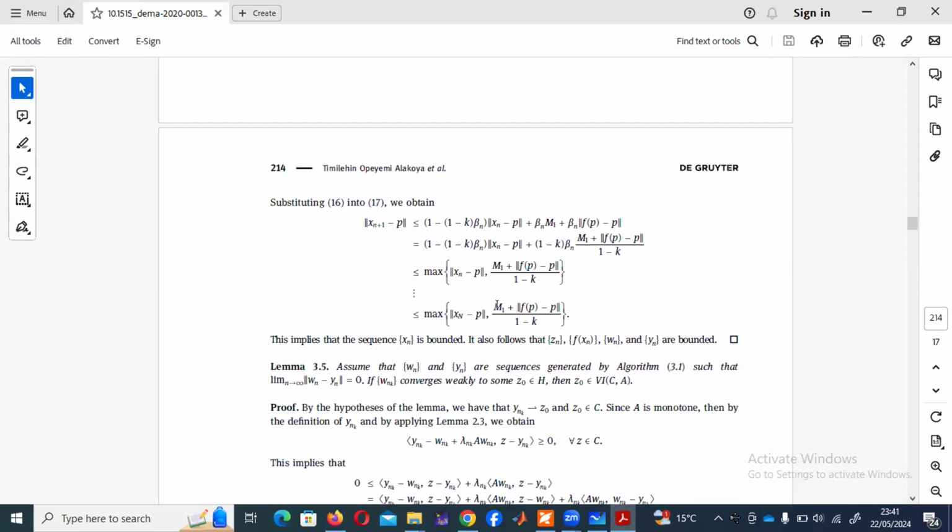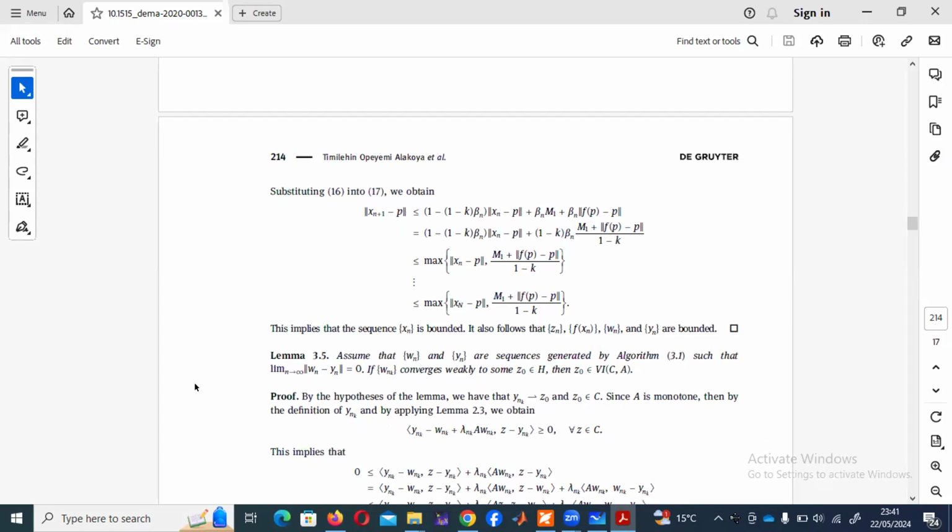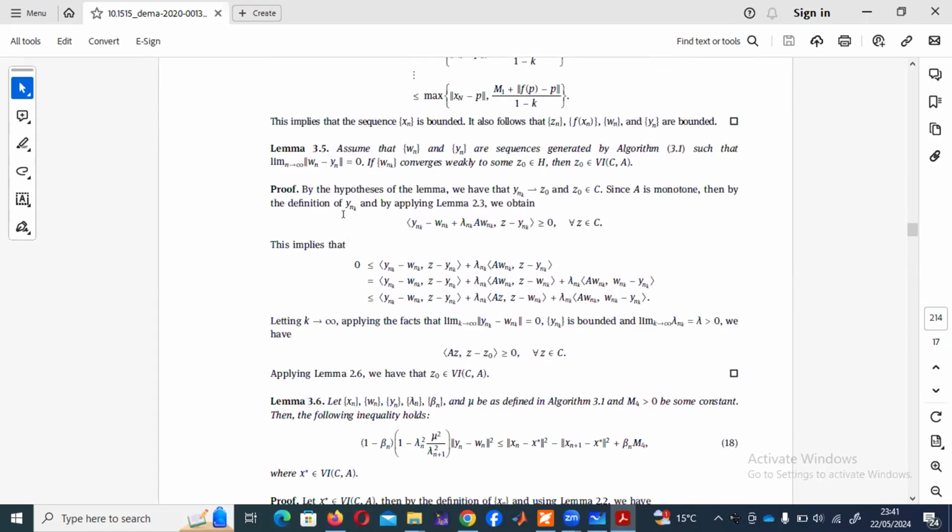It has come as a result of the inertia that was used. If you see any people that have used inertia with this, you must see it this way. And the next thing they show here is the proof.